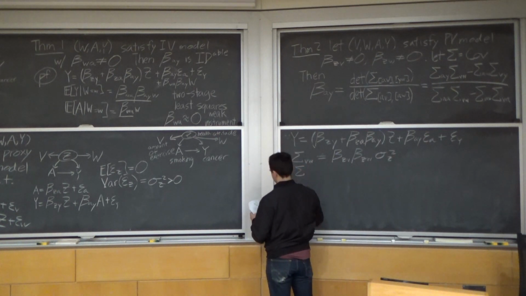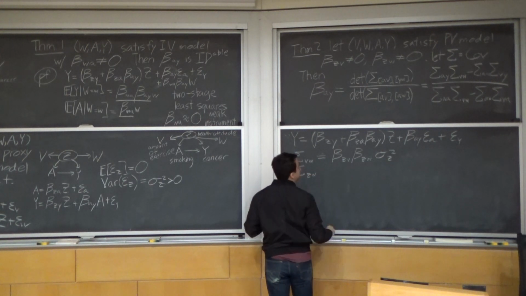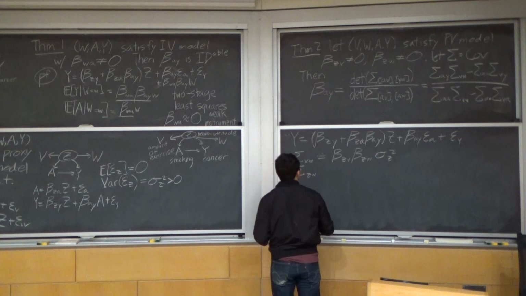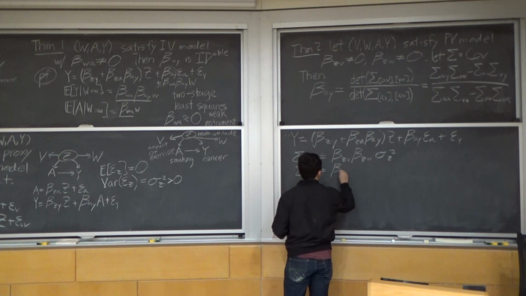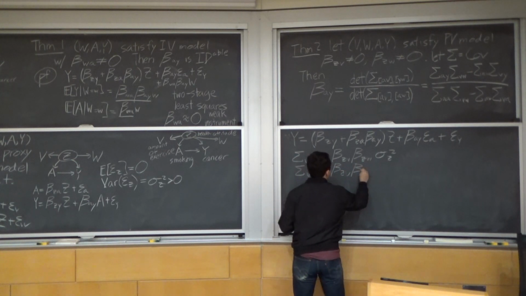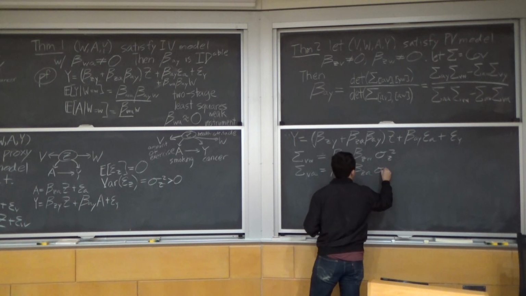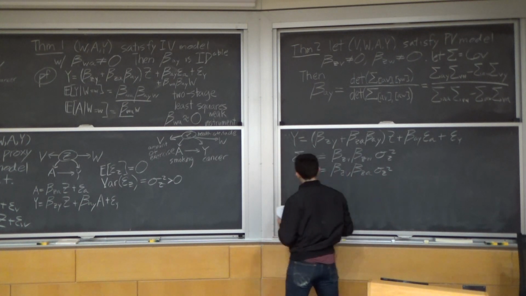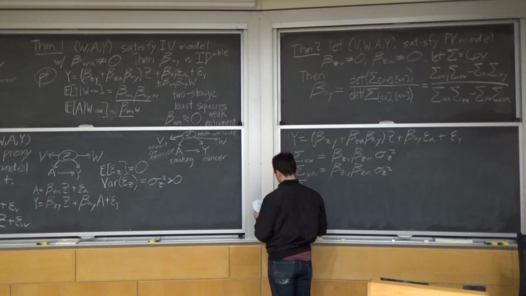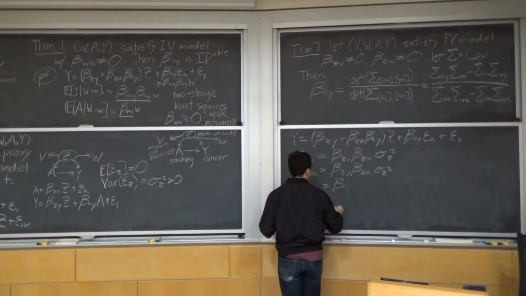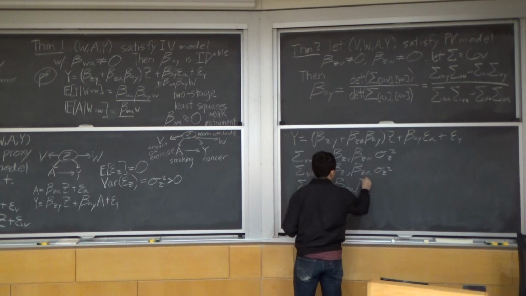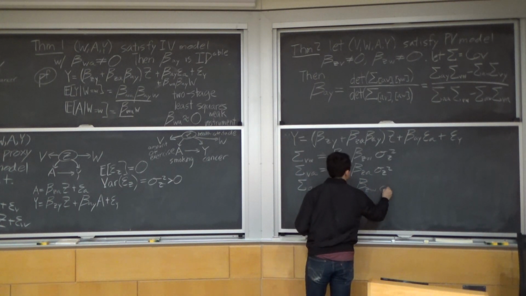Similarly, if we go down the list, we have the covariance between V and A, it's beta_zv beta_za sigma_z squared. Covariance between A and W, beta_za beta_zw sigma_z squared.